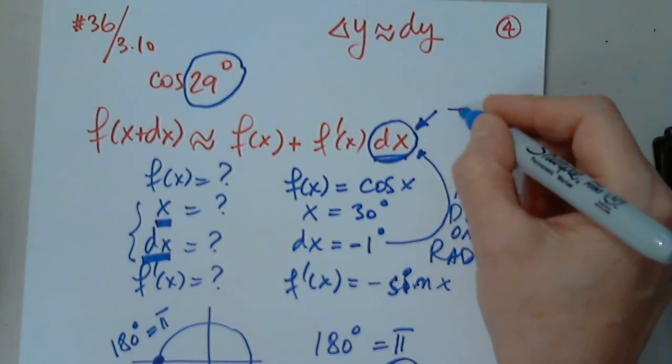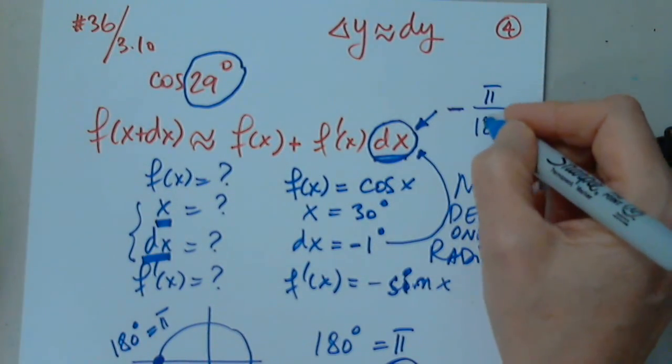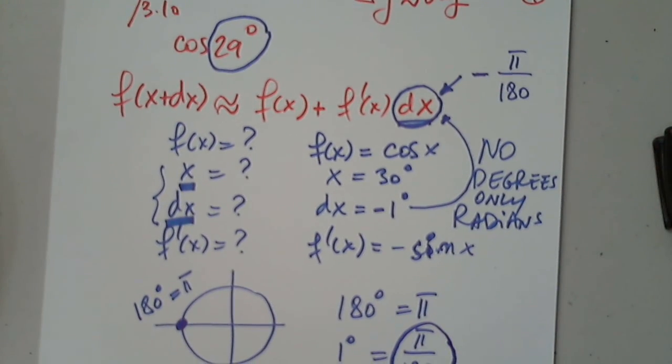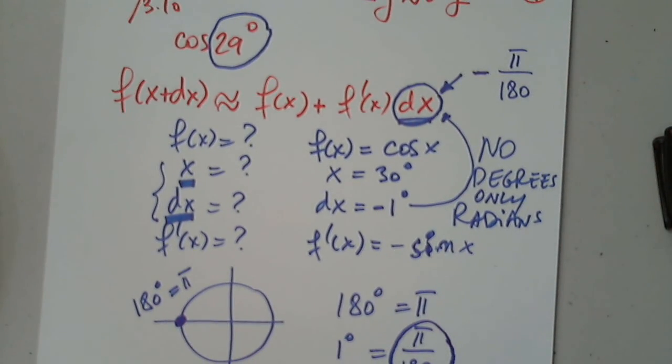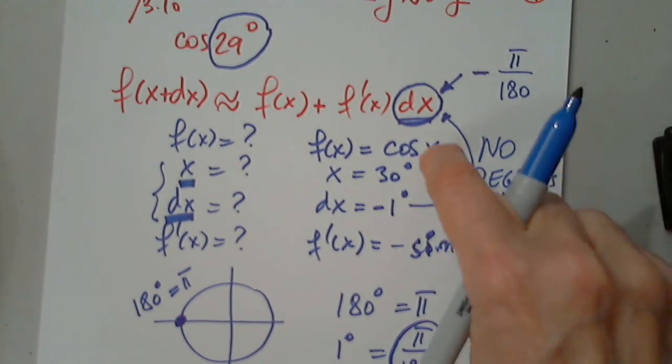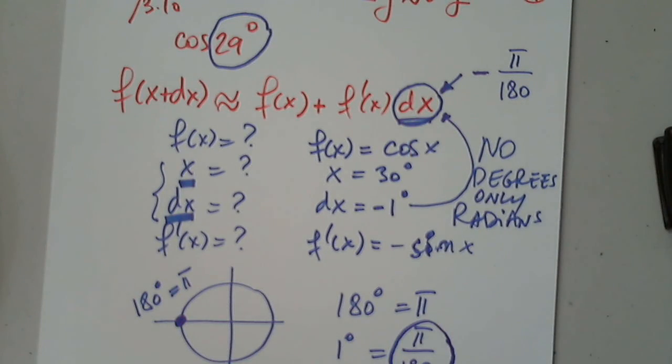So this quantity has to be negative pi/180, not negative 1 degree. If it's inside cosine, it doesn't matter if it's radians or degrees, because the answer will be the same, right? Cosine of 30 degrees is the same as cosine pi/6, which is the square root of 3 over 2. We all know that.